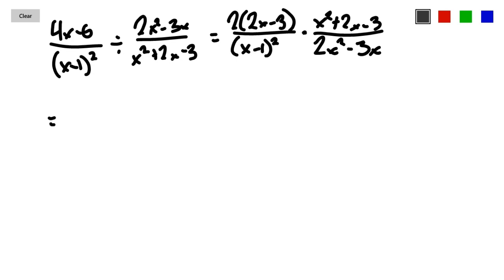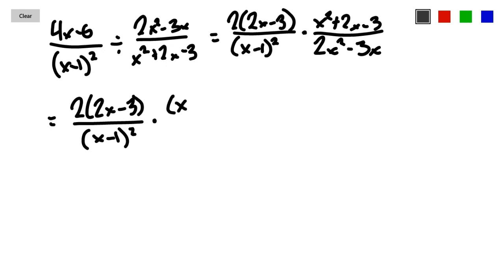And so now I'm going to factor out the terms on the second fraction. So I've got 2 times 2x minus 3 divided by x minus 1 squared times, and the numerator of the second fraction factors as x plus 3 times x minus 1.